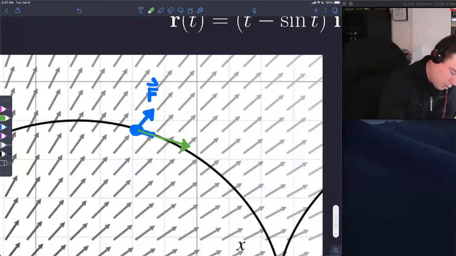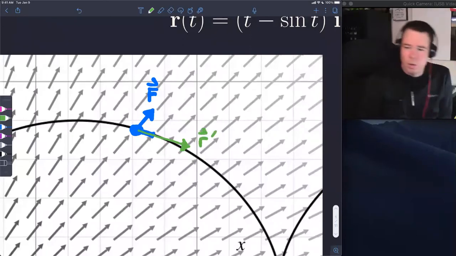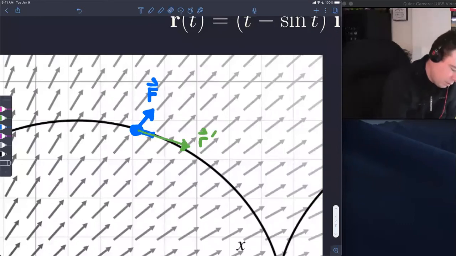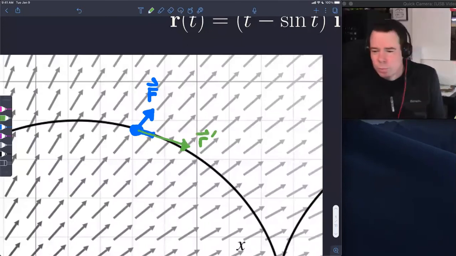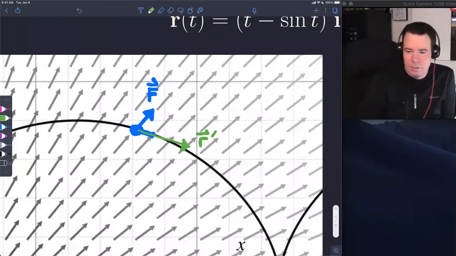And so that direction that it's moving in is given by r prime. So if r is the parametrization of this curve, this arch of the cycloid, then r prime is going to be the direction that the particle is moving in at that point.